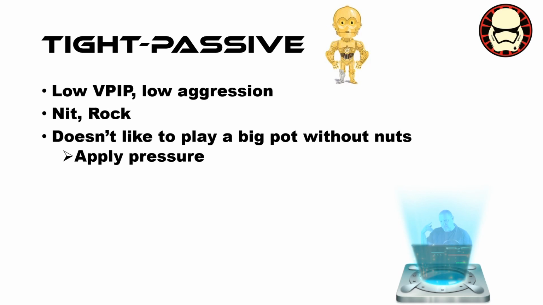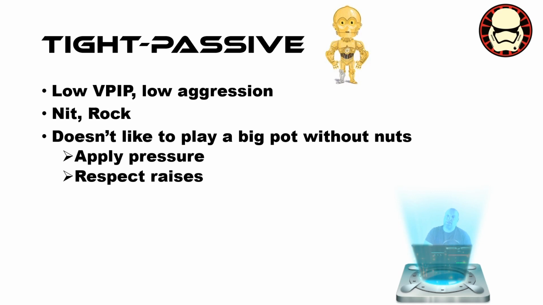This kind of player is always looking for reasons to fold. The thinking process in his head: he's always looking for reasons to fold a hand unless he has a really strong hand. With a medium strength hand, he's not comfortable putting money into the pot. If you give him a good reason to fold his hand, he will. So you exploit him by just applying pressure on the flops, on the turns, on the rivers, whenever you think he might have a weak range.